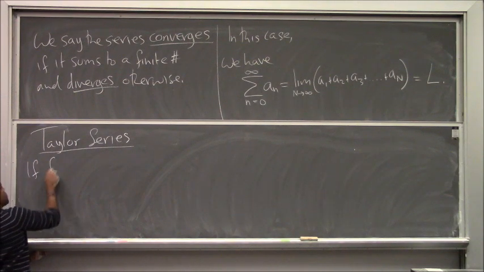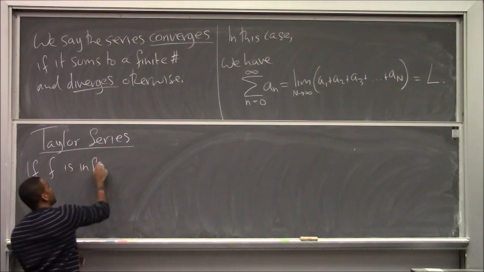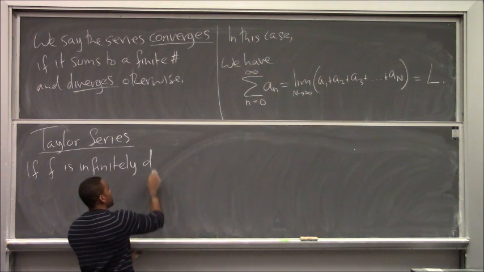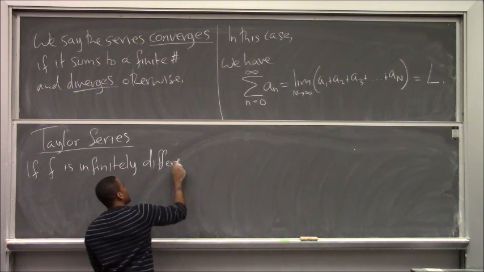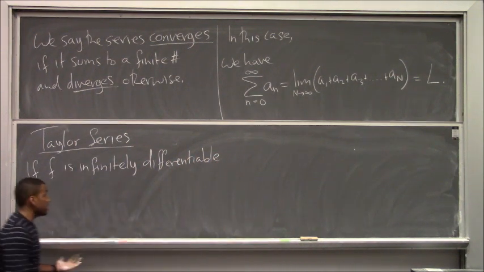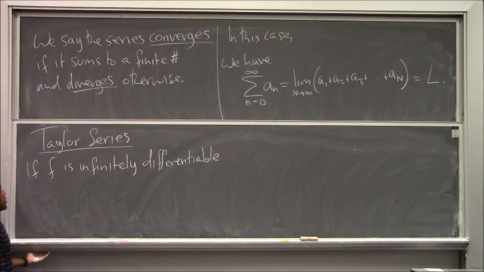If f is infinitely differentiable, and not all functions are. I know that pretty much all the examples you've seen in Calculus 1 so far have been infinitely differentiable, but that's actually a very strange thing to occur. Here is what we can do.